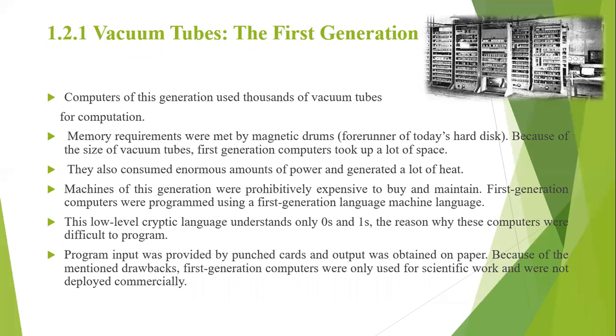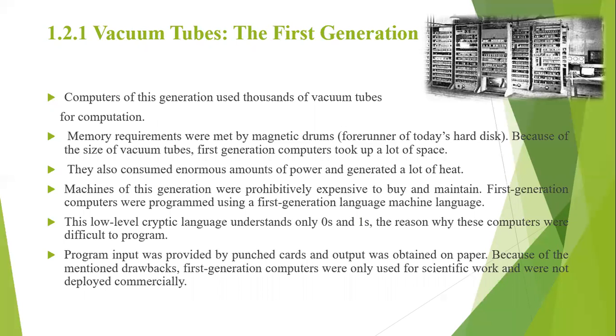Definitely, the computers of that generation were bigger. Memory requirements were met by magnetic drums, the forerunner of today's hard disk. Because of the size of vacuum tubes, first generation computers took up a lot of space.